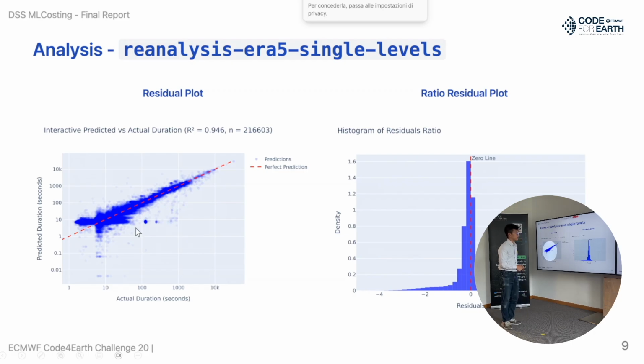So it's kind of a data filter. In the second observation, we see that for some requests the predicted values are constant. However, the actual duration ranges from, I don't know, 2, 3, 4 seconds up to 160 seconds or so.